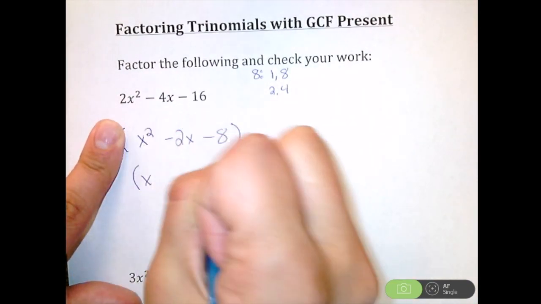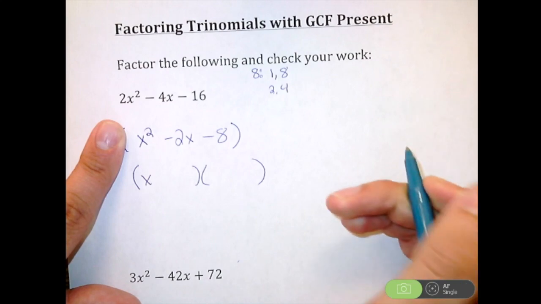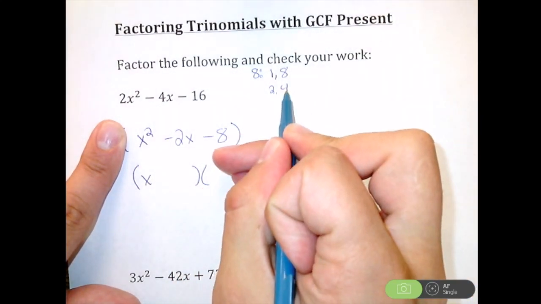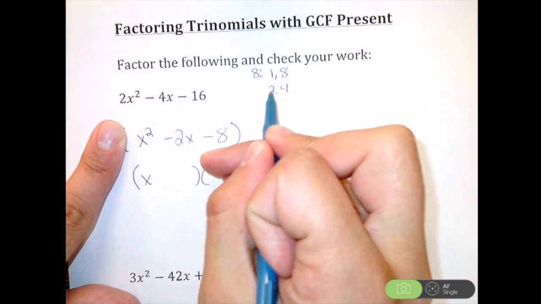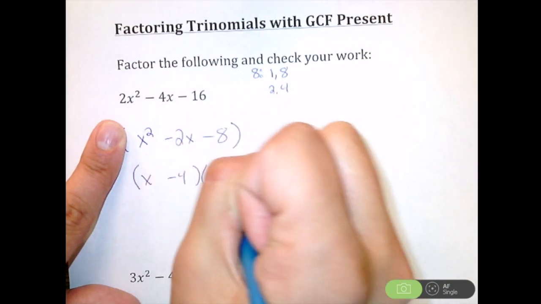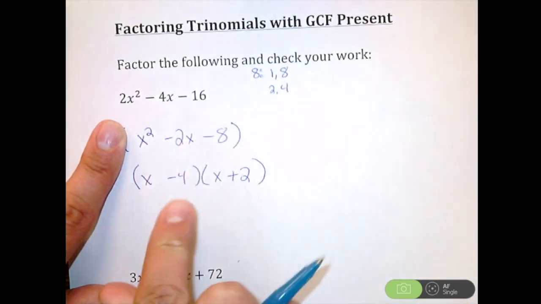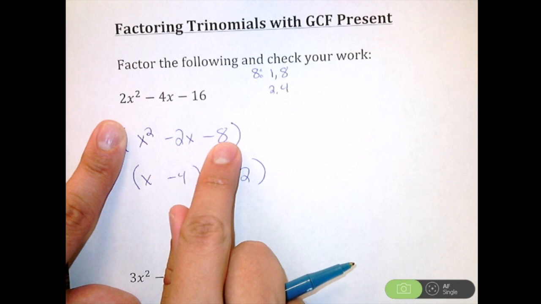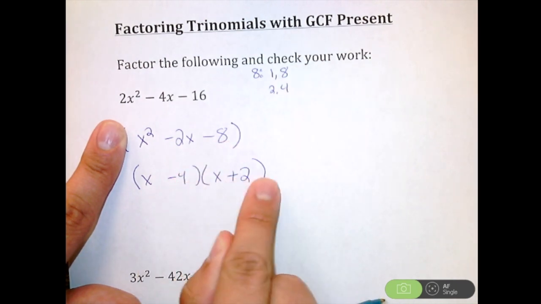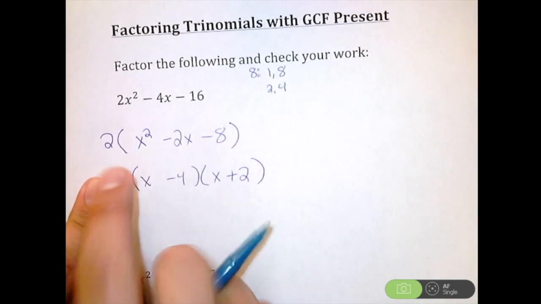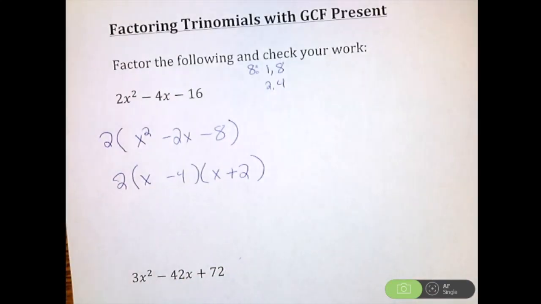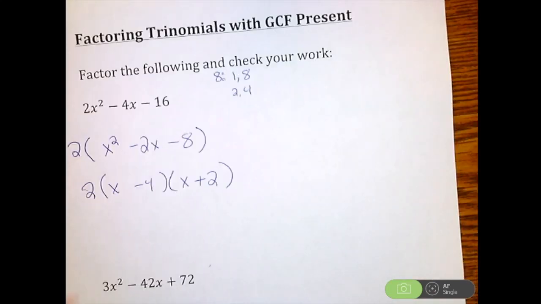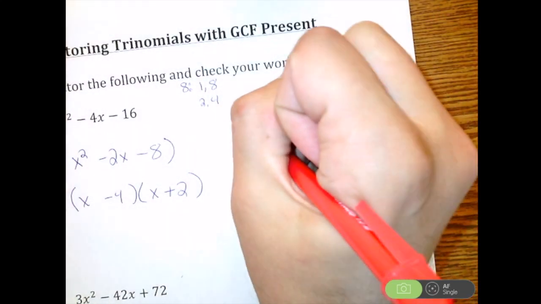I believe, with experience of doing this over and over, that if I have a -4 and a +2, that should get us what we need, because -4 times 2 is -8, and -4 plus 2 is -2. This 2 I kind of ignored. That's still there.